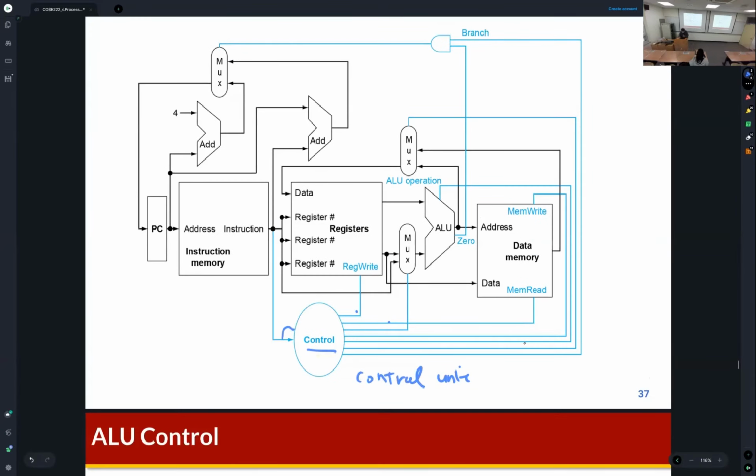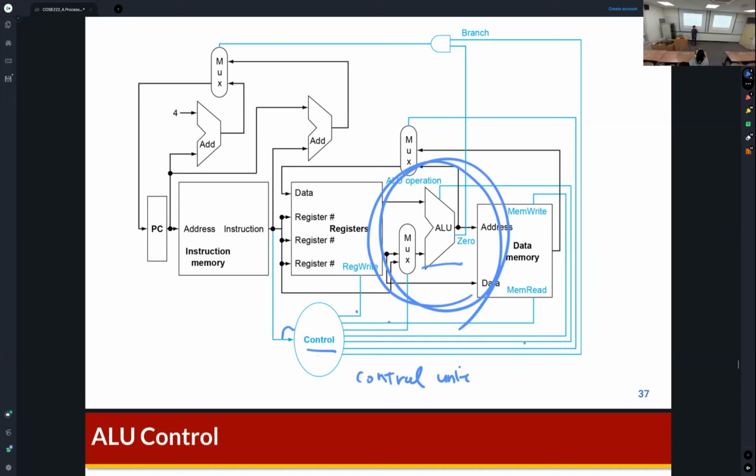So let's focus on the ALU operation. Firstly, we will focus on the ALU operation because this ALU is used for many instructions. We can use the ALU for arithmetic or logical instructions like add, subtract, exclusive or, and.